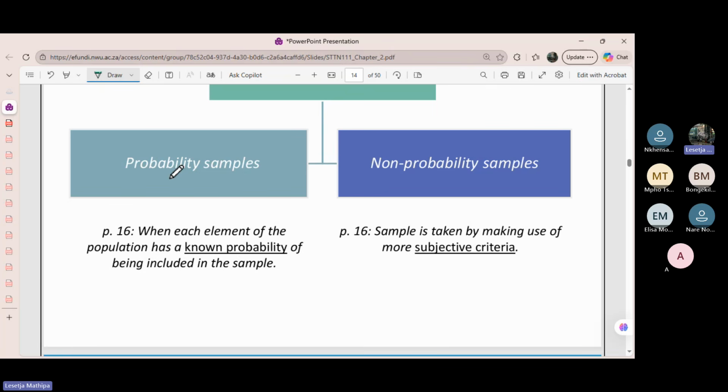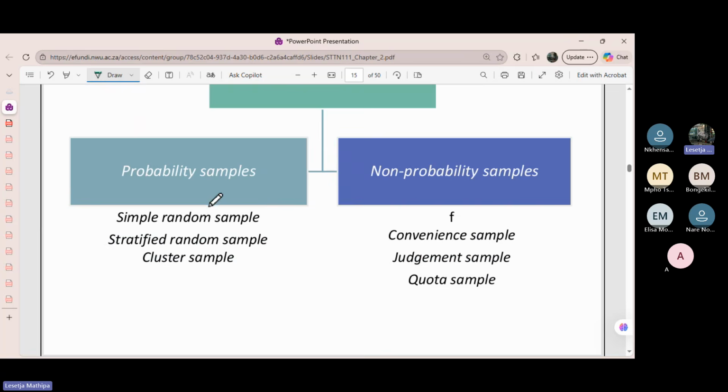That's what we call probability sampling. Then with non-probability sampling, the sample is taken by making use of more subjective criteria. You'll see examples of probability sampling and non-probability sampling.